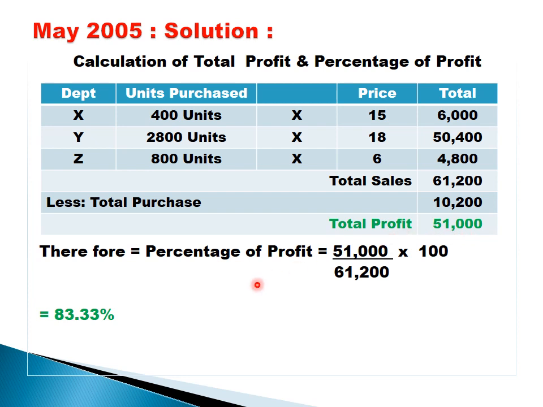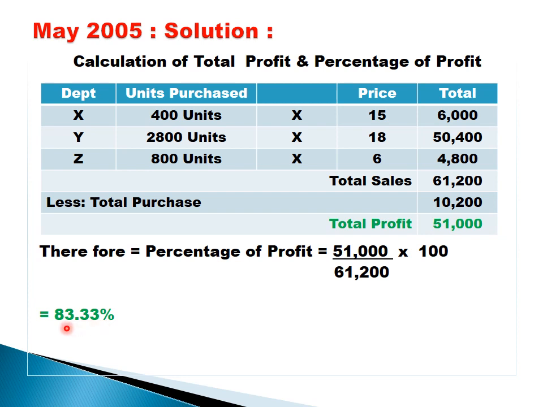So find the percentage of profit. 51,000 divided by 61,200 into 100. I mean profit divided by sale into 100. By applying the profit formula, you get the percentage of profit 83.33%.